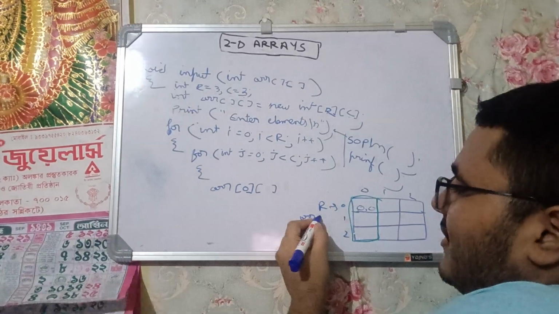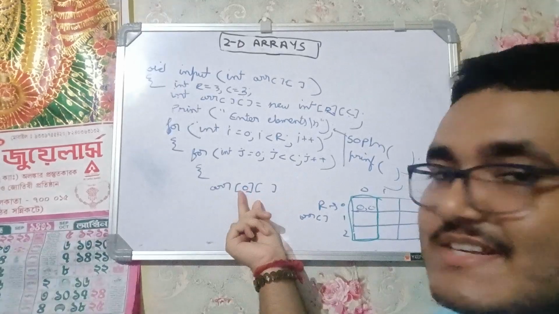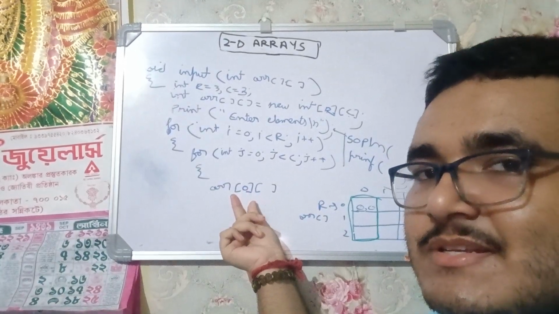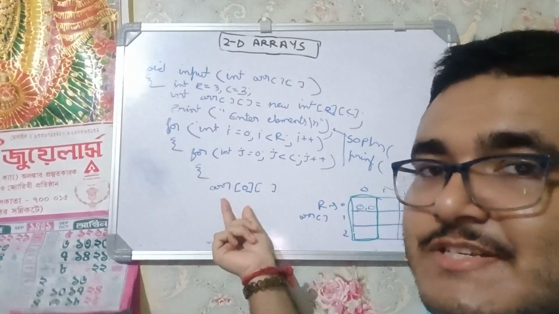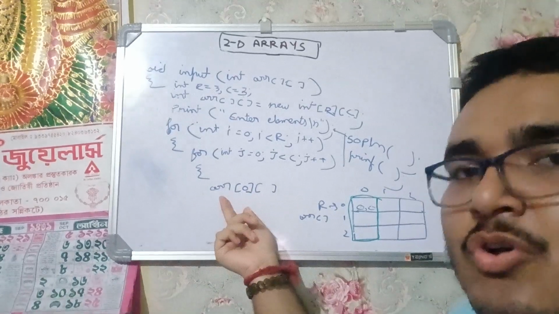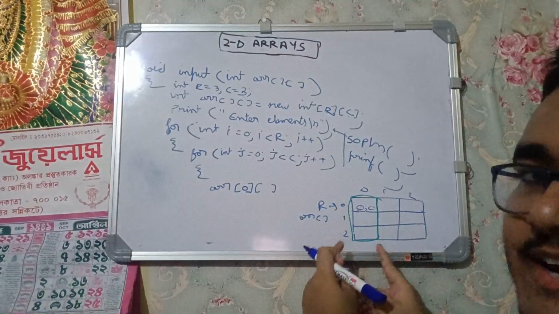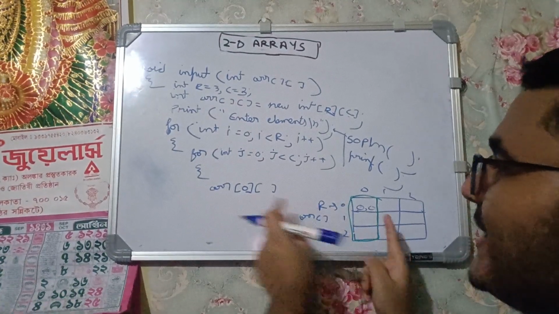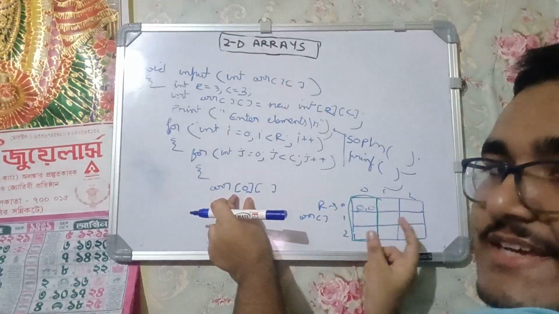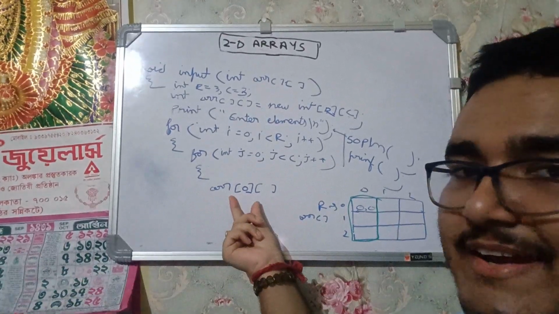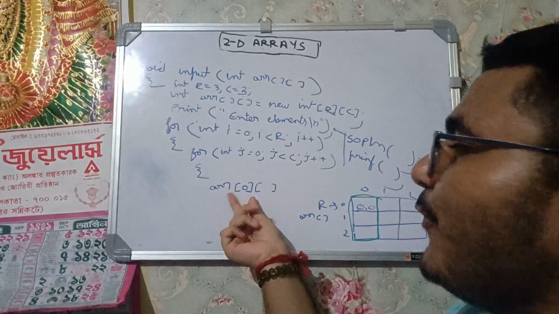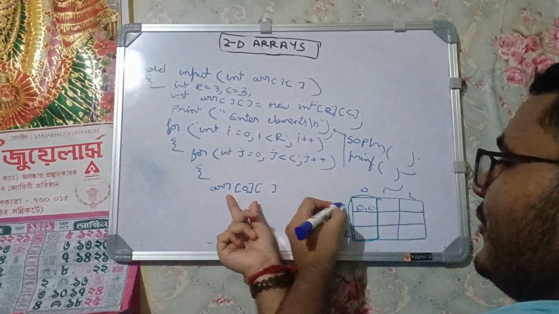arr of 0, the first bracket represents what? The first bracket represents the row, right? This green array. So the first bracket represents this green sized array. So in this green array, I am pointing to 0. That means I am pointing here.